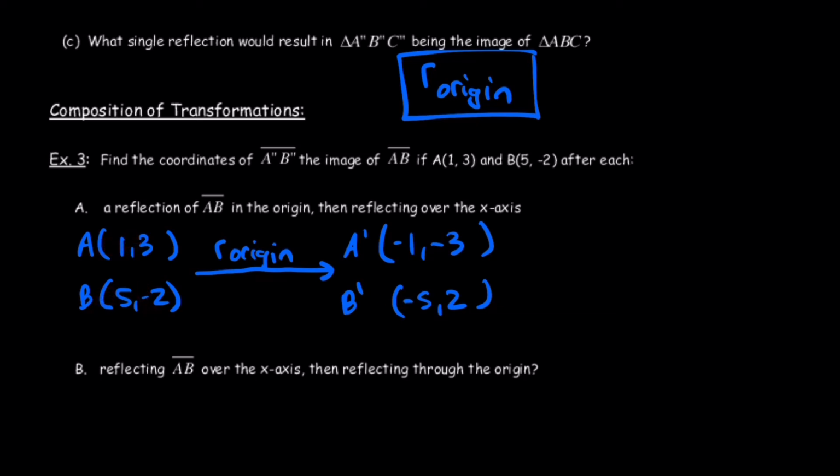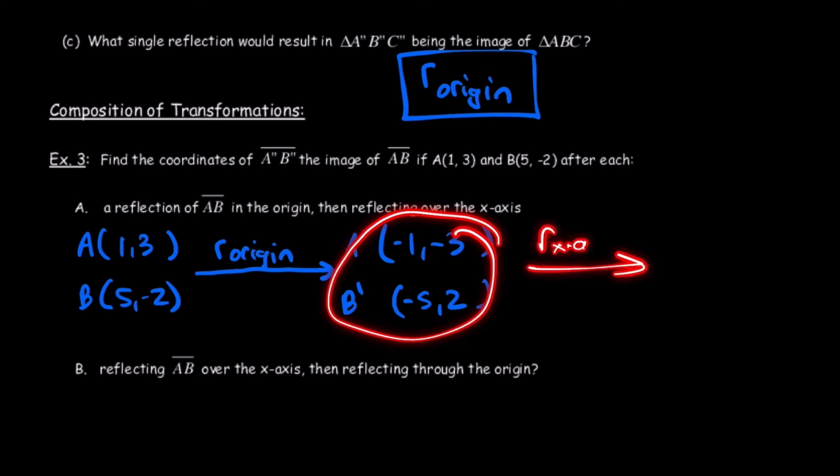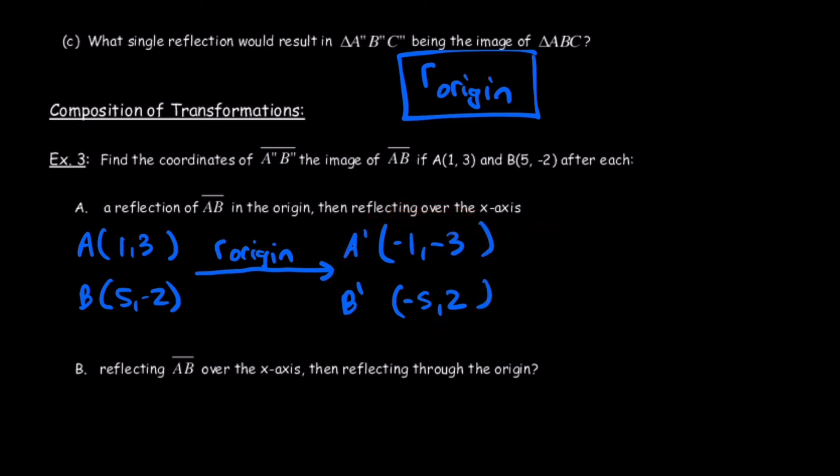Now, after we reflect in the origin, then we reflect in the x-axis. So now I'm taking these coordinates, I'm going to reflect in the x-axis. So let's write that out. Use your arrow because you're transforming, and then r, x-axis. And then this will become A double prime, B double prime.